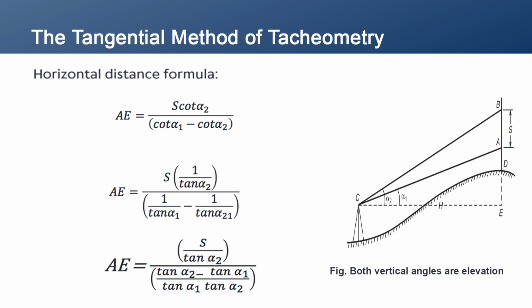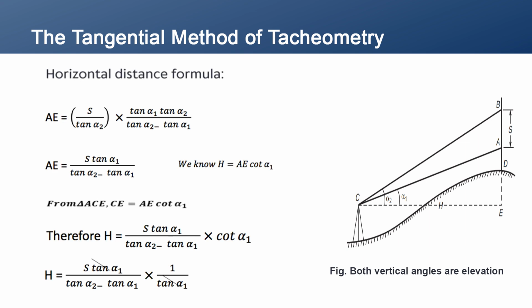We know cot is 1 by tan. So, AE is equal to S into (1 by tan alpha 2) by (1 by tan alpha 1 minus 1 by tan alpha 2). Now, taking the LCM and solving the denominator, we arrive at AE is equal to S by tan alpha 2 by (tan alpha 2 minus tan alpha 1) by (tan alpha 1 tan alpha 2).